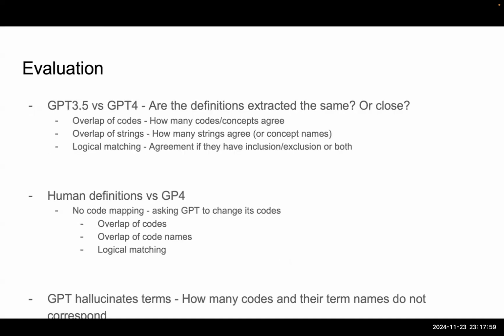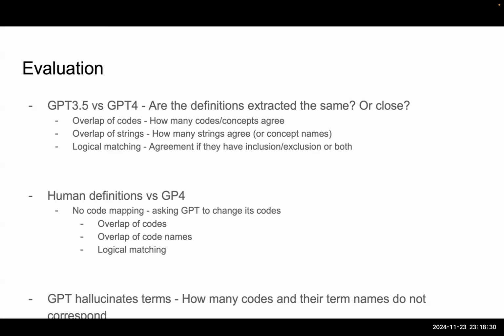So, we evaluated LLM efficiency in two scenarios. First, we compared definitions from GPT 3.5 and GPT 4, and compared GPT 4 definitions with human curated ones. We have defined three different metrics. Code overlap, which means we want to see how many codes or concepts agree.